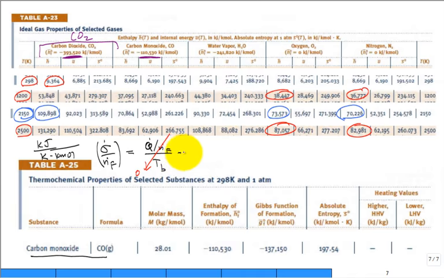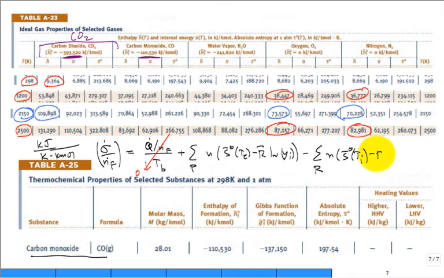We have a sum over all the products, the same stoichiometric coefficient, but we have the absolute entropy at the exiting temperature of the products minus, because it's all ideal gases, R bar, natural log. I'm just going to put YI for each of the products. The mole fractions, because the actual temperature divided by the reference temperature is the same, cancels, minus the sum over all the reactants, and S bar naught absolute entropy incoming, minus R bar natural log of YI.